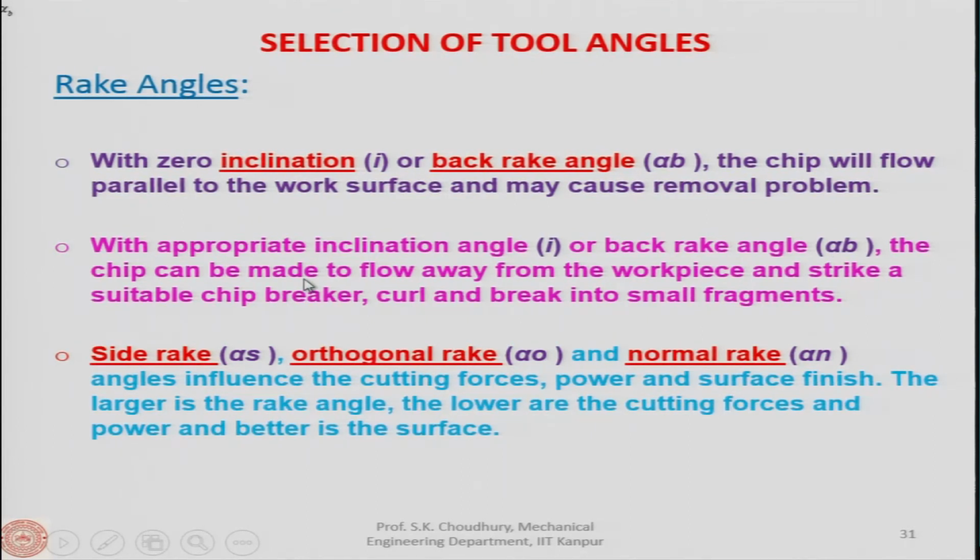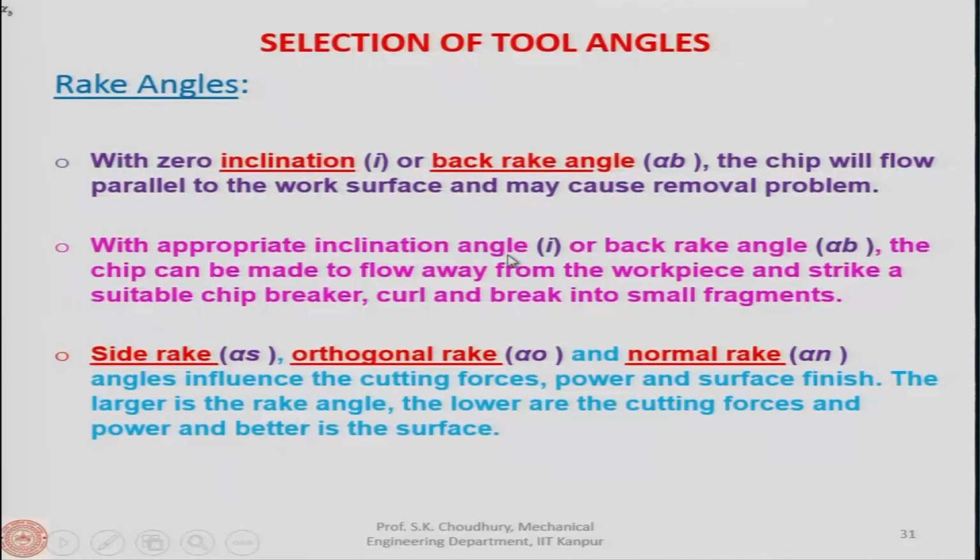Then the chip can be made to flow away from the workpiece and strike a suitable chip breaker. If you remember, I told you about the chip breaker, which is basically a protrusion or a crater on the rake face, where the chip can be broken so that it is not continuously flowing. So, we can have some value of the inclination angle or alpha b.